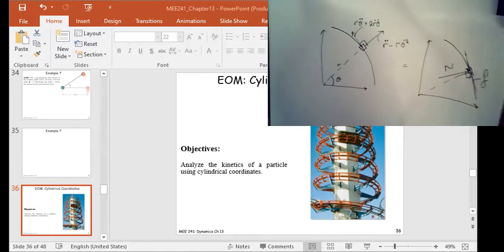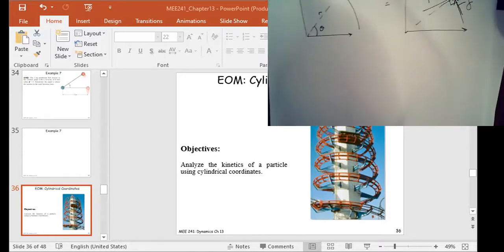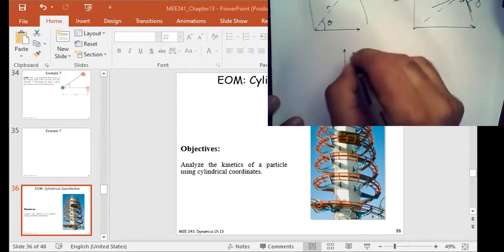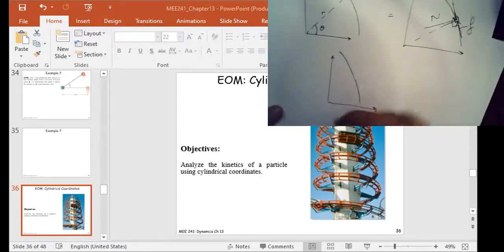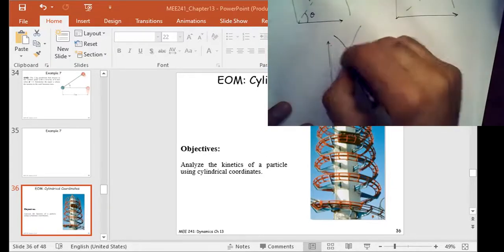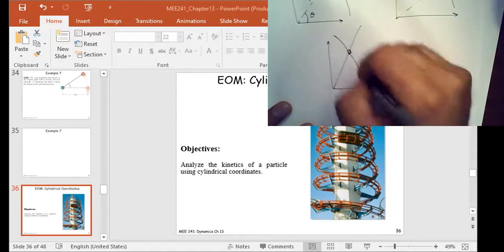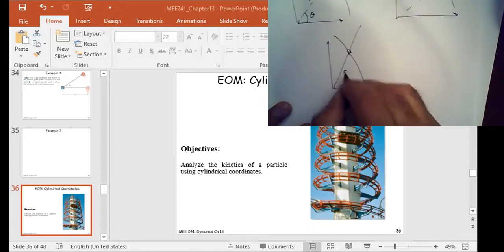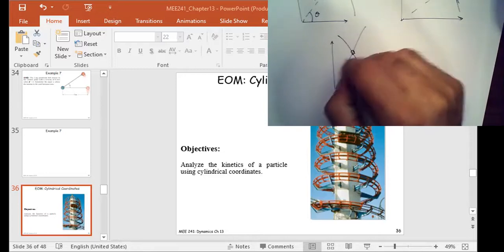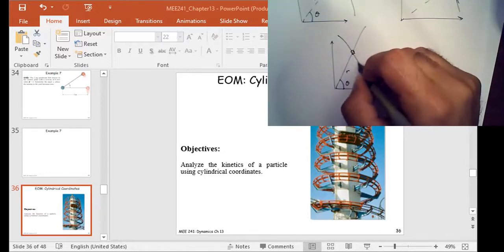Maybe I can draw it in a more extreme case so we can all see it well. I have a collar like this, and this is my radial line. I have an object going along this tube. This is my R and this is my theta. If I want to look into the forces here, we have two reaction forces between the collar and the tube.